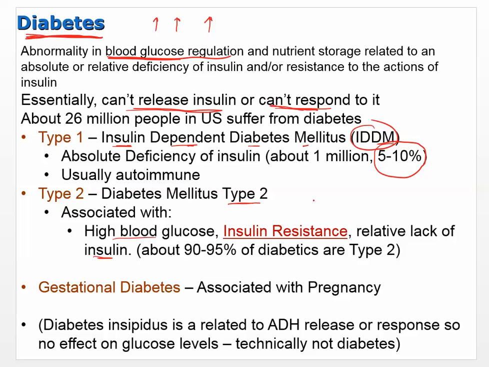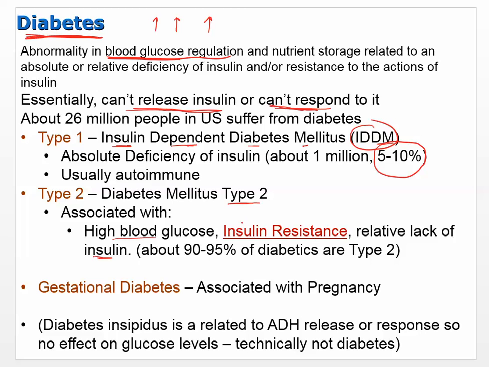So it's an autoimmune disorder in type 1, and so your beta cells are actually being destroyed, and these beta cells are what are supposed to be releasing insulin, so it is absolute. In insulin resistance, it's a relative lack of insulin, so the insulin may still be produced, but it's not having an effect, and it's not coinciding with the decrease in glucose.